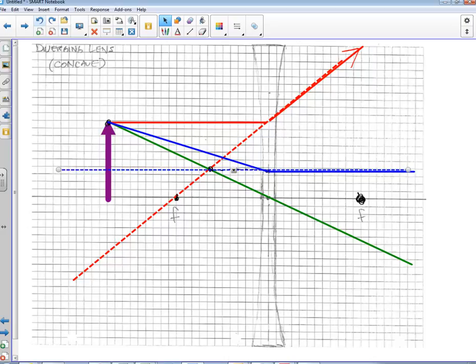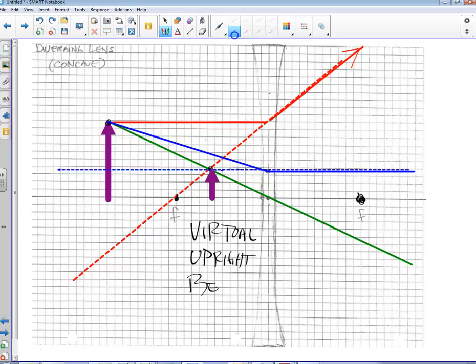We can get them to cross in roughly the same spot. And we see that in this case, the image is going to have the following characteristics. It is going to be, let's see, virtual. It is going to be upright. And it is going to be reduced. And that wouldn't make a difference. Anywhere you put the object, your image is going to end up with those characteristics for a diverging lens.